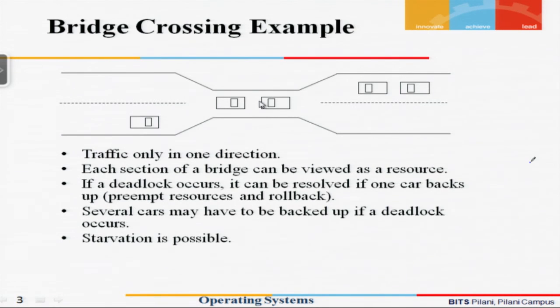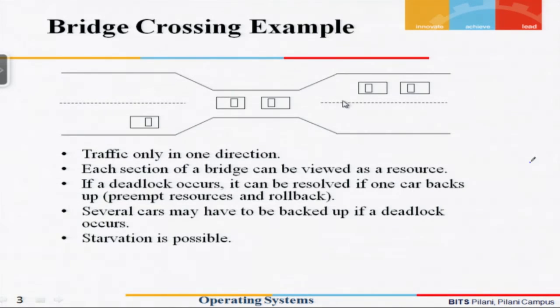So the situation is that it can only be avoided if one of the vehicles reverses and goes back and clears the bridge, right. So in case of software, if a software has already executed up to a certain point, now we are saying that it should take a step back and go back.